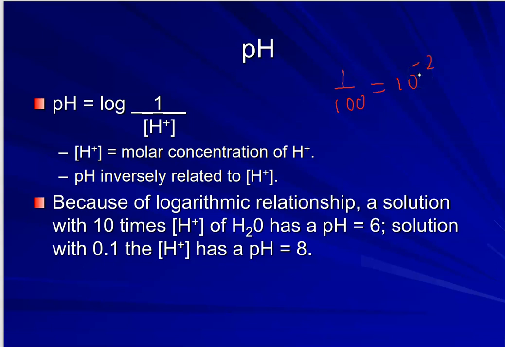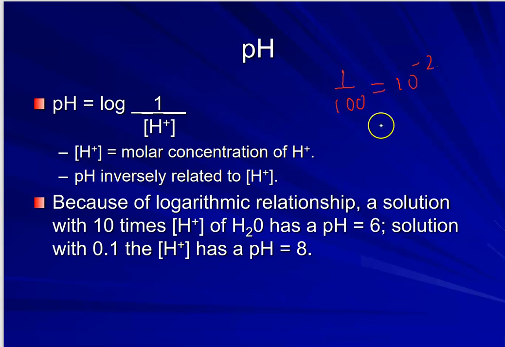Or if I have 1 over 100, the logarithm of that is minus 2, because the logarithm is basically the exponent of this expression. We have a negative exponent because the hydrogen ion concentration is 1 over 1/100th. Now the pH inverses that negative exponent, and so the pH is 2.